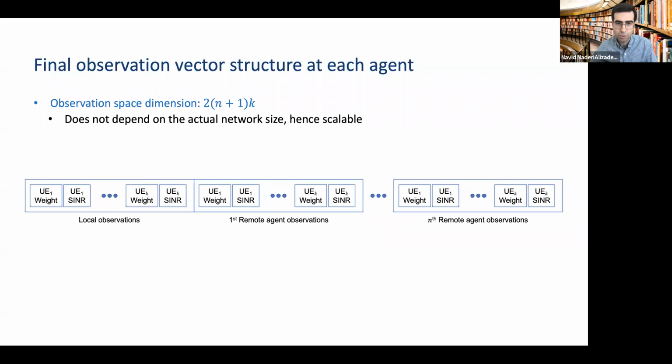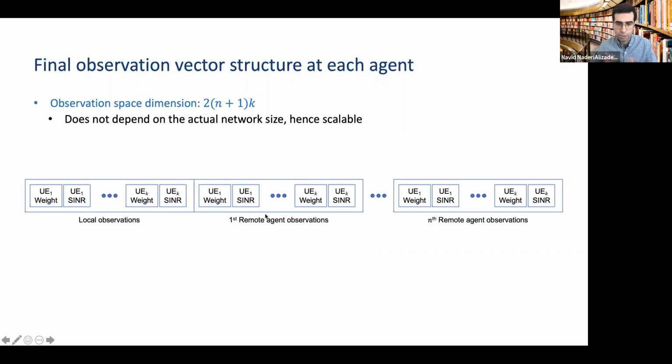Putting them together, this is the final observation structure that's input to each agent at each time step. We have a set of local observations from the top K users of the access point itself, and we have the observations from a set of N remote agents, each of which gives a similar observation structure.